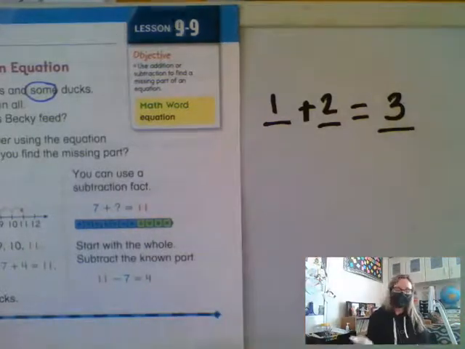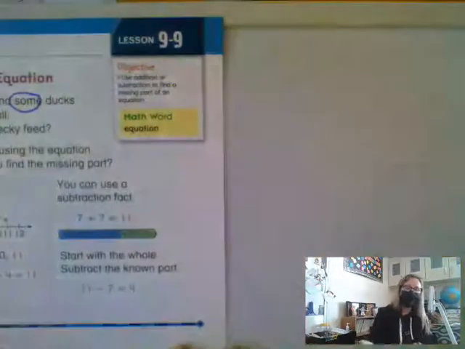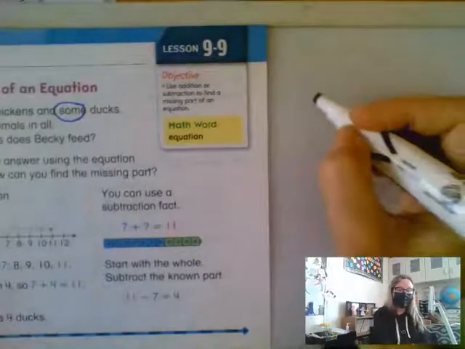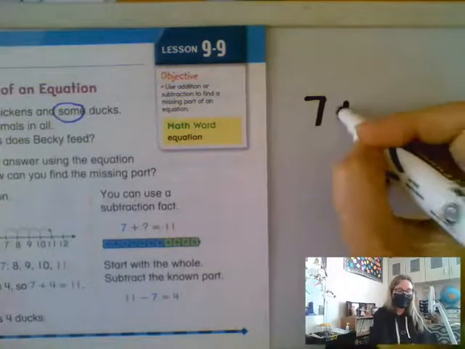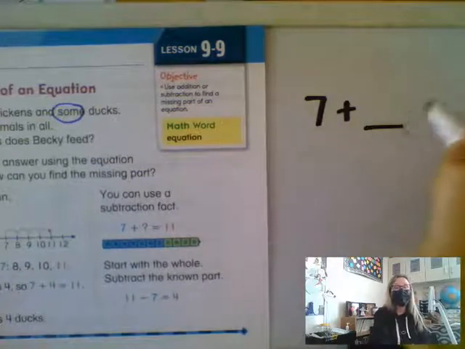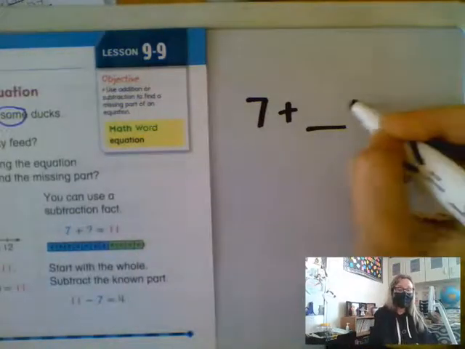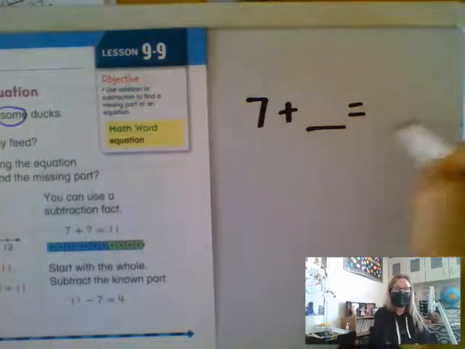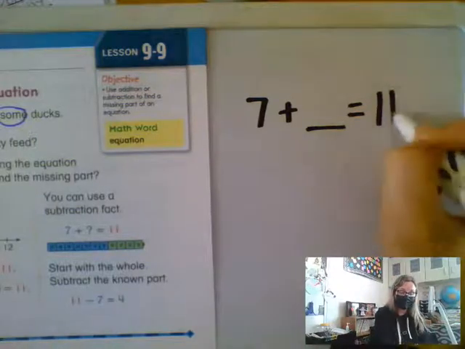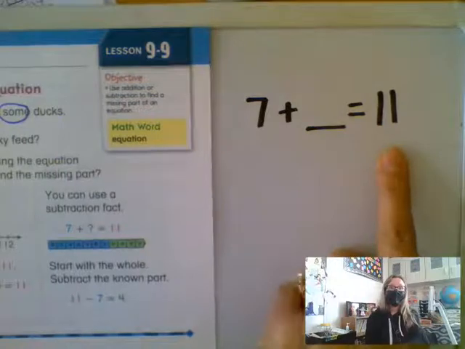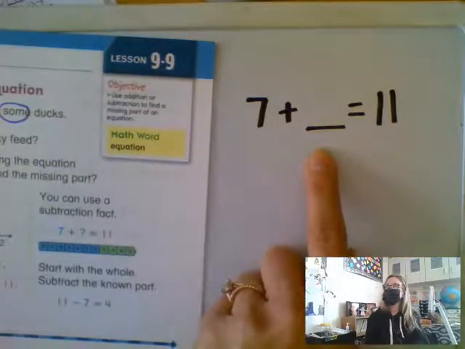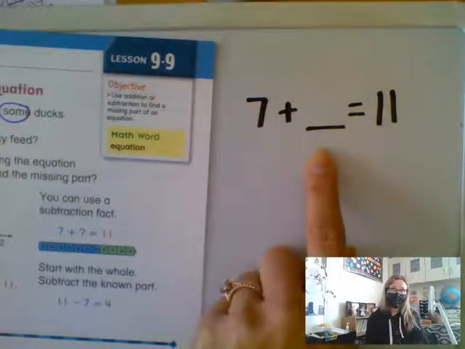Well, in this particular problem, they're not giving us part, whole. They're giving us one of the parts, which is 7 chickens, plus some number we don't know. And then they're giving us our sum, or our whole, which is 11. So instead of solving for the sum, we have to solve for the missing part. You see how that works?